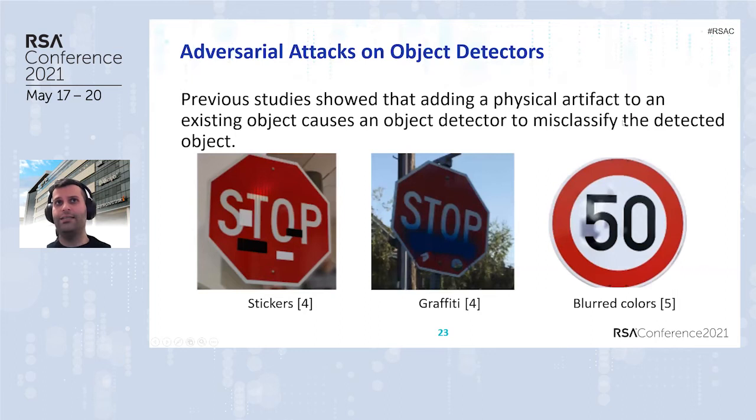Previous studies showed that adding a physical artifact to an existing object causes the object detector to misclassify the detected object. It was done by adding stickers, by adding graffiti, and by printing road signs with black color, as you can see in the picture on the right side.